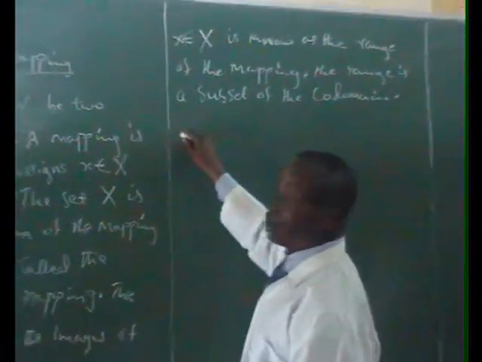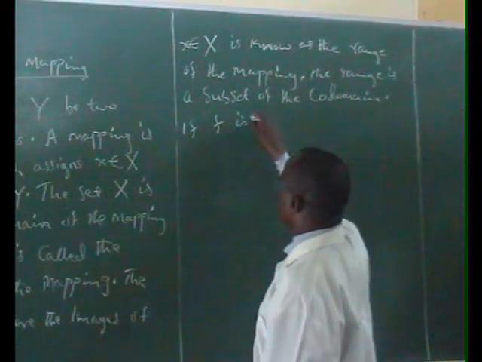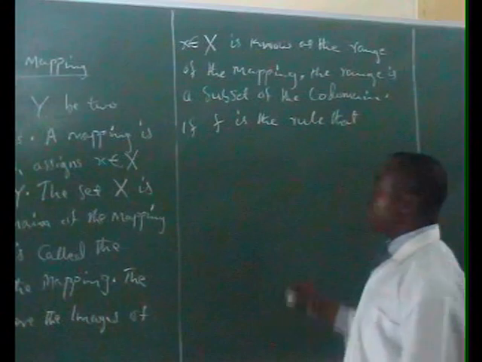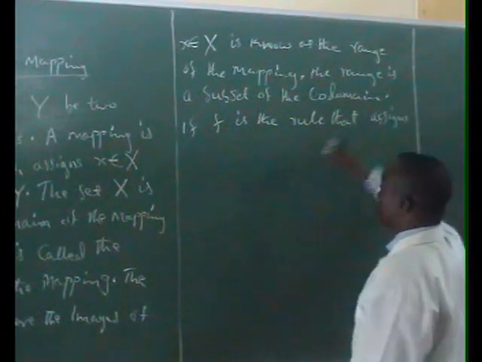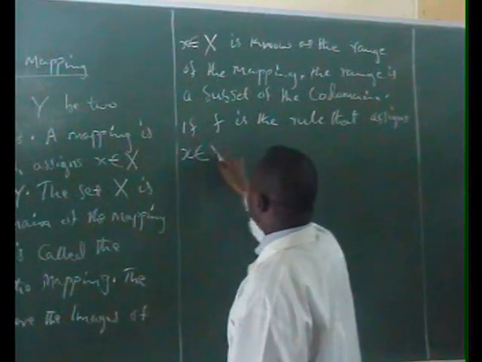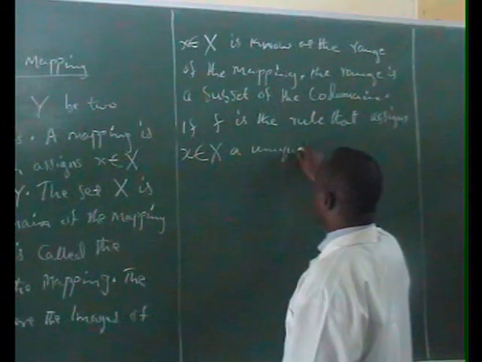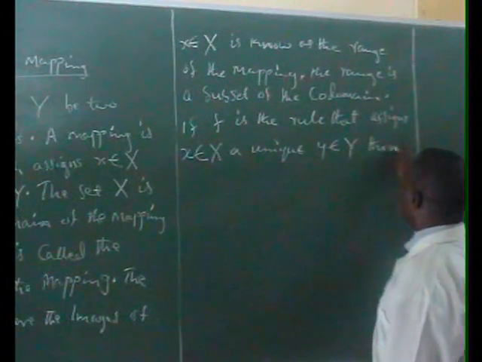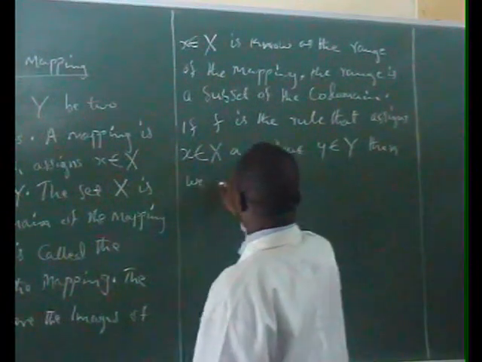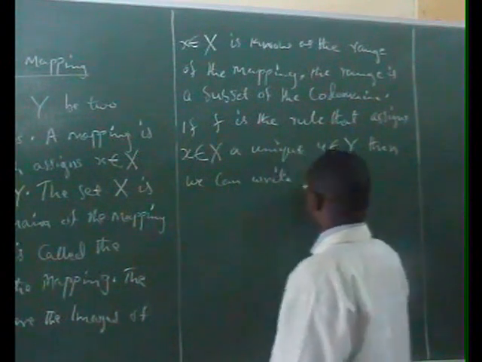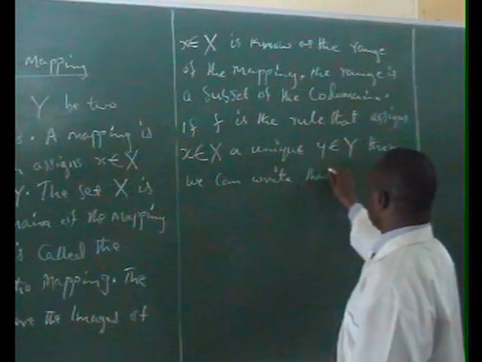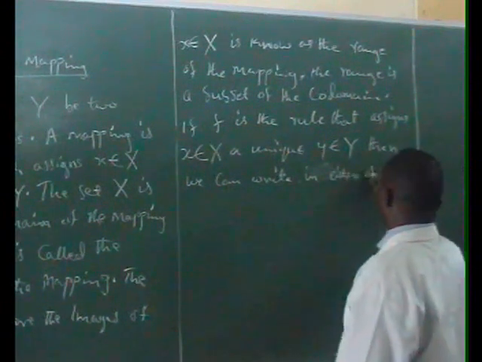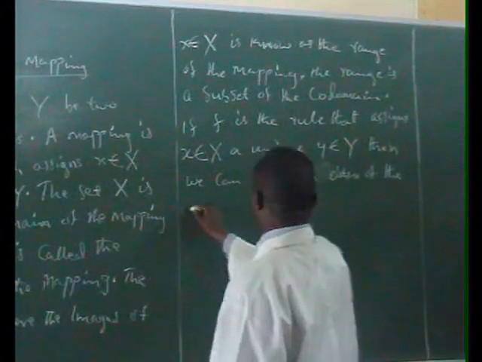Now, if F is the rule that assigns X, element of X, a unique Y, element of Y, then we can write it in either of these ways.